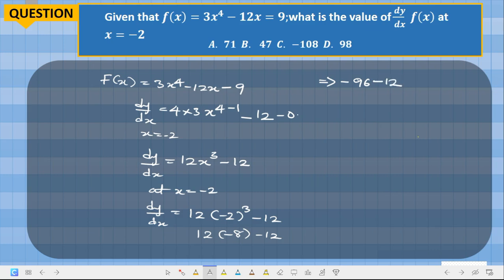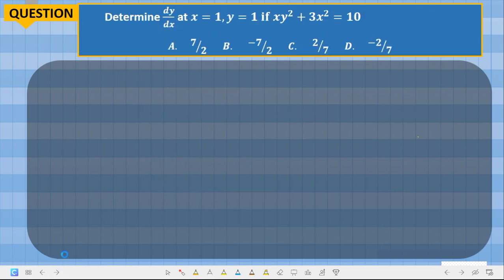Now minus 96 minus 12 is minus 108. So dy/dx is equal to minus 108, and this is the answer to that question. Now let's take the next one.